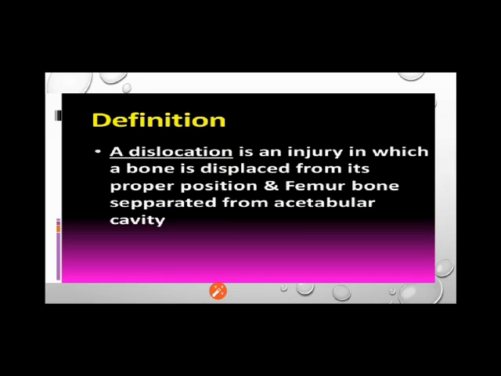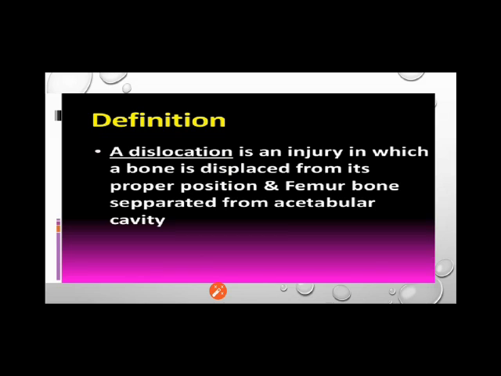We can say the teres ligament will be stretched in this condition. So it is an incomplete dislocation. Dislocation will be there, but it is not complete, it is incomplete. Okay, next is dislocation. Here, complete dislocation can be seen.